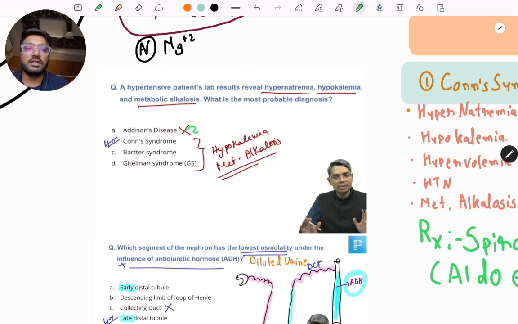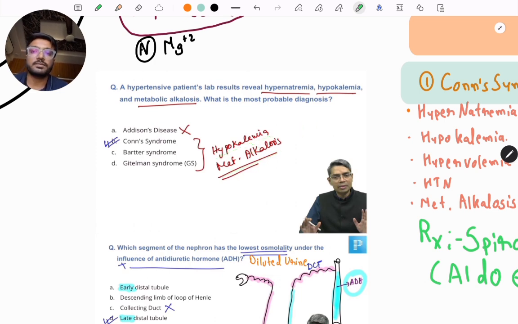Now in Addison's disease, which is opposite to Conn syndrome, we won't have metabolic alkalosis or hypernatremia. We will have hyponatremia and metabolic acidosis. So here, this option gets ruled out. But in Bartter syndrome and in Gitelman syndrome, we do have hypokalemia and metabolic alkalosis.